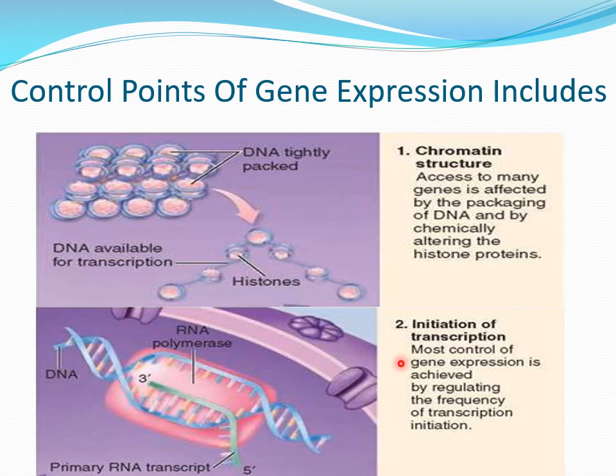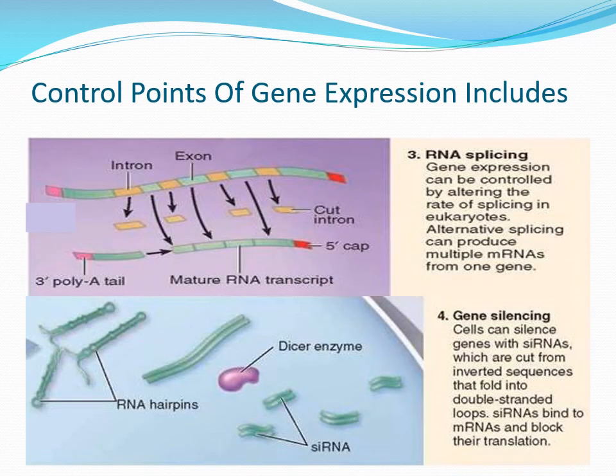Now, once made available, the next step is initiation of the process of transcription. In eukaryotic cells, this initiation of transcription itself is a complex process involving a wide range of proteins. So again, this is the second control point of which we will soon talk about. Now, the third thing is that once after transcription, the RNA is formed.